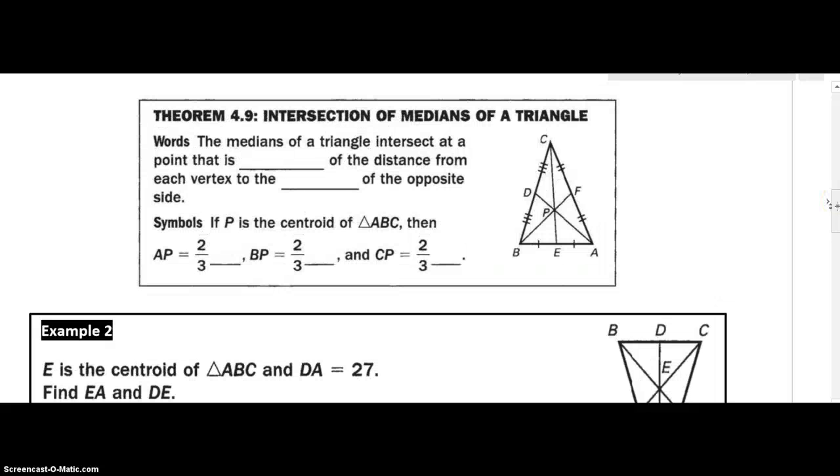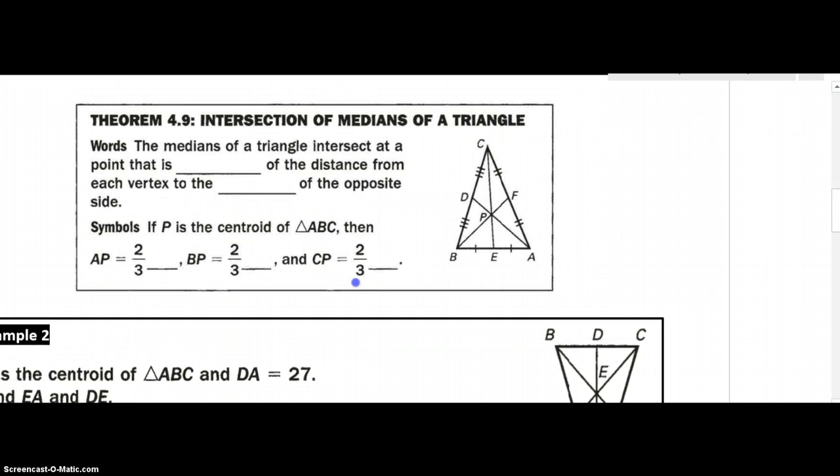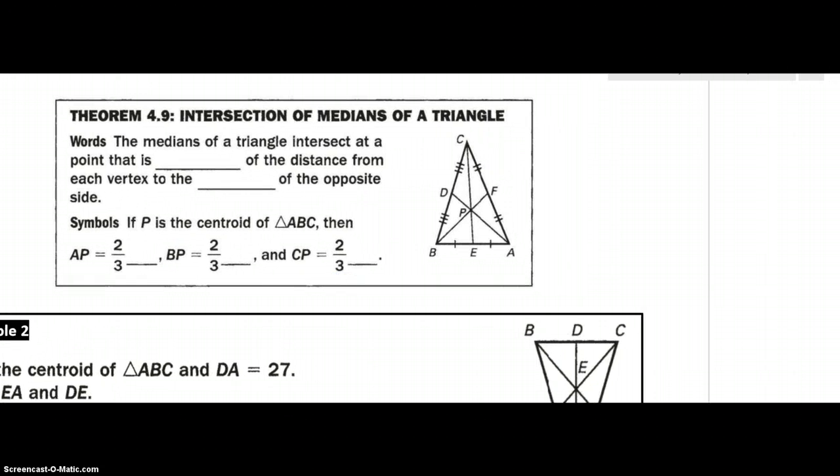Okay. So now for the theorem, intersection of medians of a triangle, I want you to ignore all of those words right now. And I just want you to look at this little diagram that I'm going to draw, okay? I am going to sketch a segment.